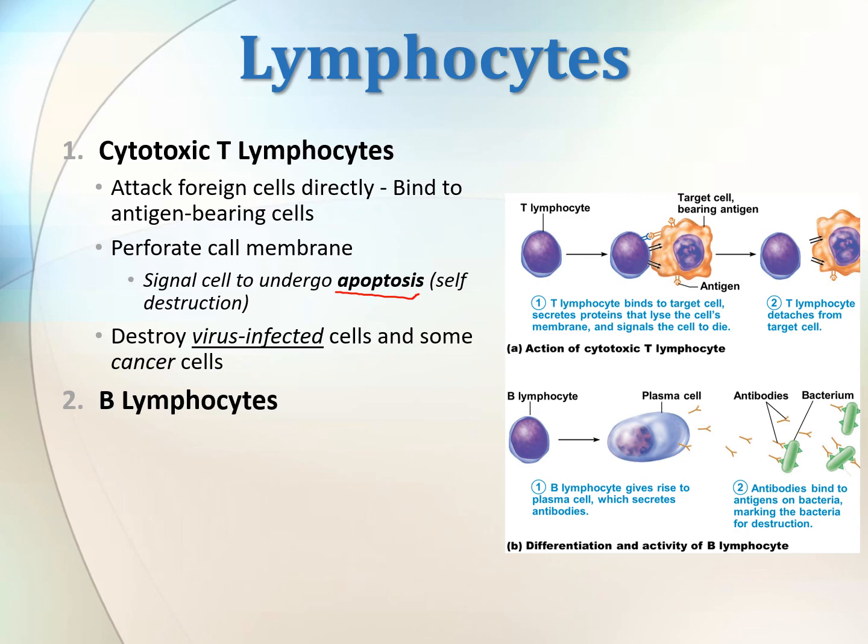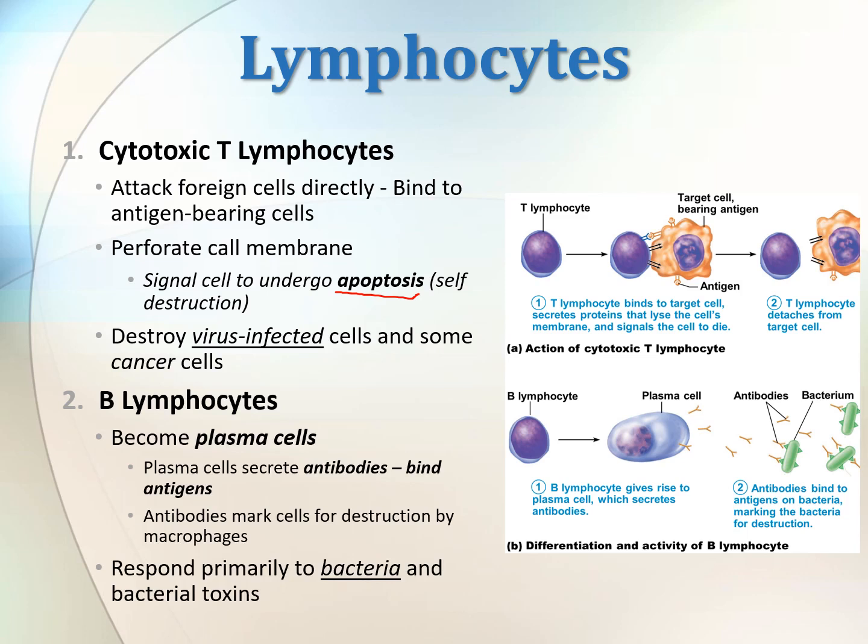But B cells work very differently. B cells become plasma cells. When they're activated, they turn into these plasma cells, and the plasma cells secrete antibodies. Antibodies are just little proteins, and they are the ones that are going to go out and bind to that antigen on the bad cell.